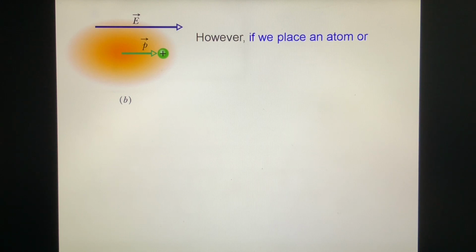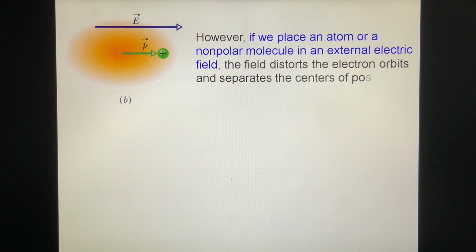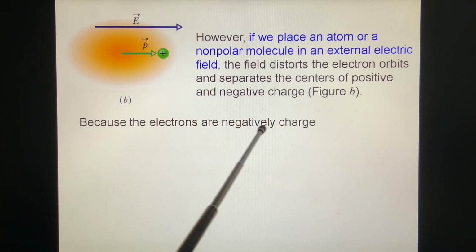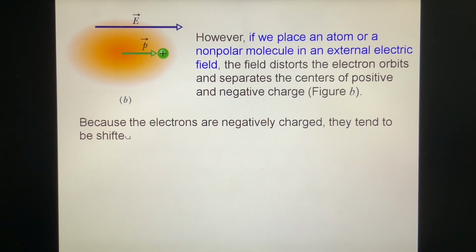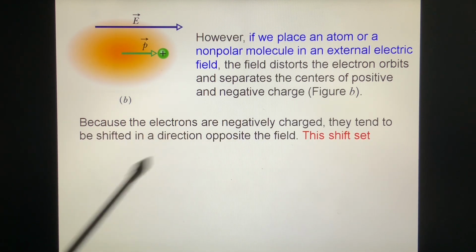However, if we place an atom or a nonpolar molecule in an external electric field, the field distorts the electron orbits and separates the centers of the positive and the negative charge. Because the electrons are negatively charged, they tend to be shifted in a direction opposite the field.